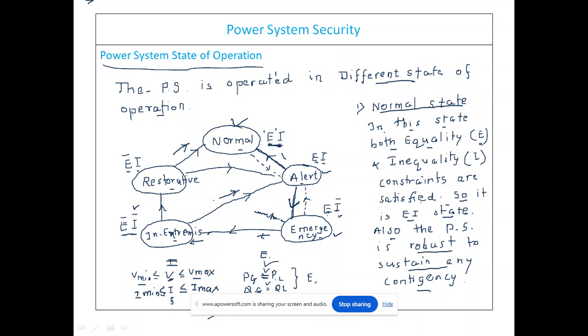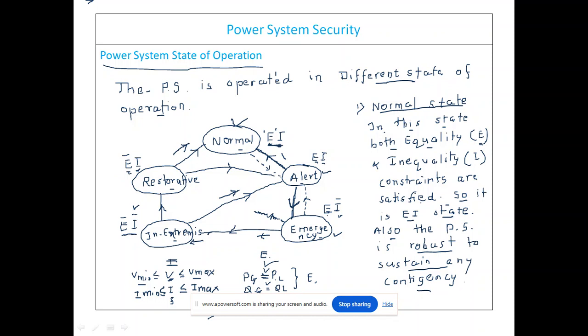Now, the restorative state. This is the restorative state. Here, in this state, E, the equality constraint, is not satisfied, but inequality is satisfied. Now, in this state, if some load shedding is done, since the equality constraint is not satisfied, it means the power balance is not there.